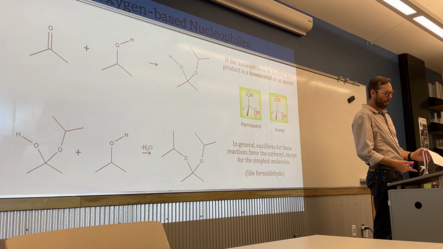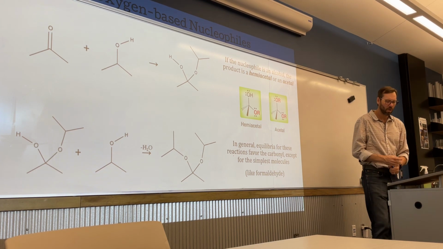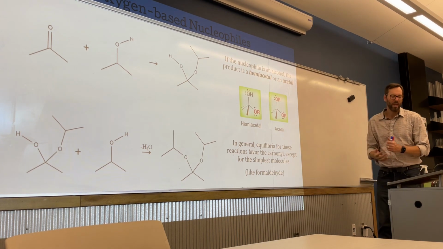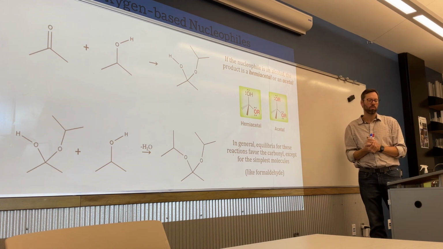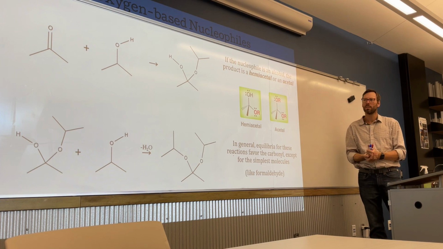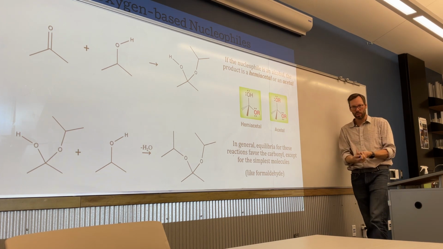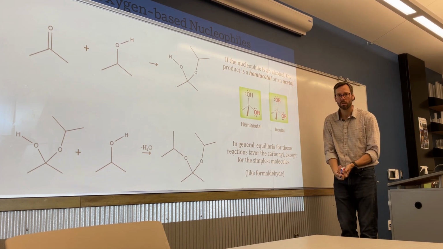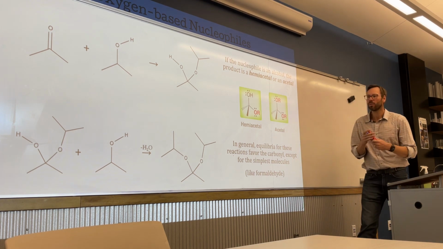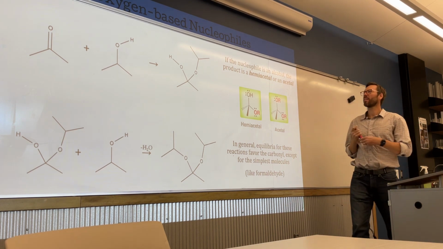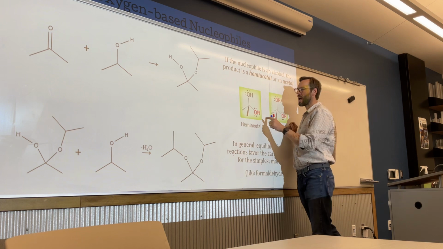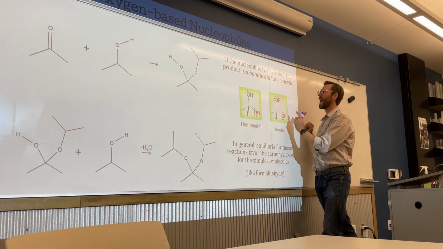All right, so moving on, we can take alcohol and use it as the nucleophile instead of water. And if we do that, then we make things called hemiacetals or acetals.